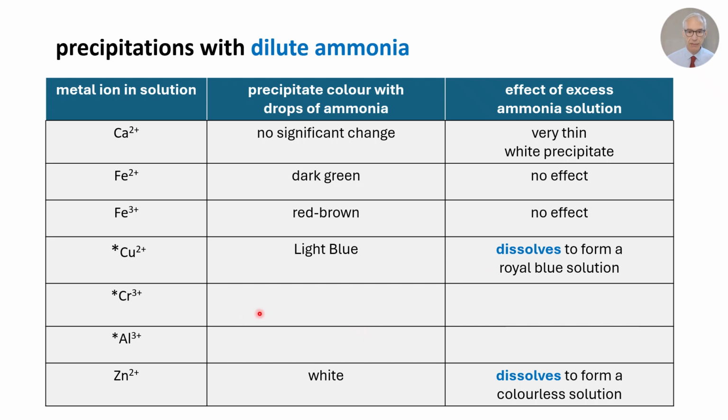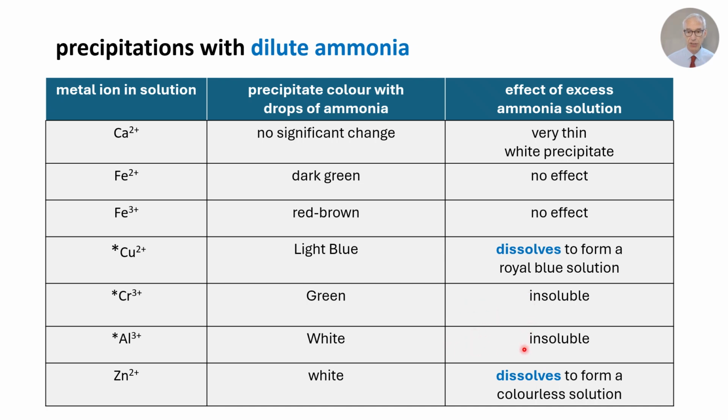Chromium 3, again, as with sodium hydroxide, you get a green precipitate, but the chromium 3 precipitate is insoluble in excess dilute ammonia. Aluminium, again, a white precipitate, but it is insoluble in excess dilute ammonia. So you may recall sodium hydroxide, the chromium 3 green precipitate was soluble, as was the aluminium white precipitate.